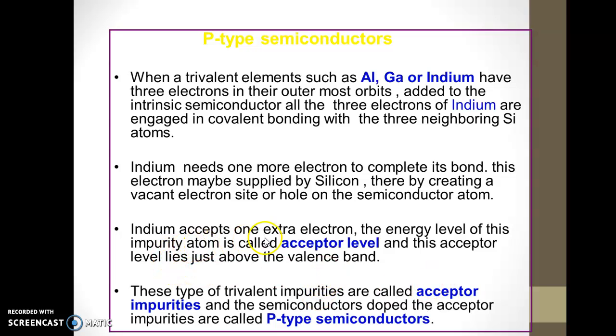So indium accepts one extra electron. The energy level of this impurity atom is called the acceptor level, and it lies just above the valence band.